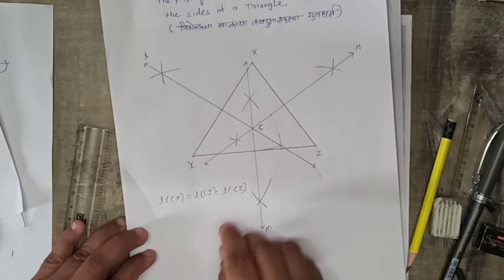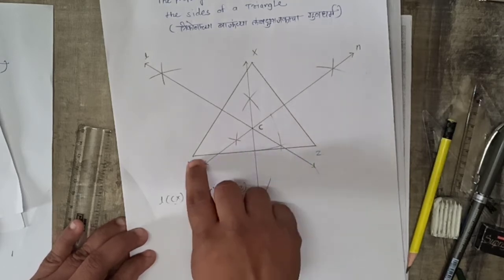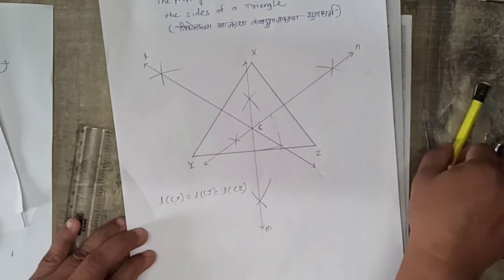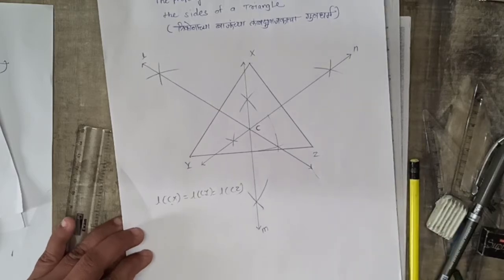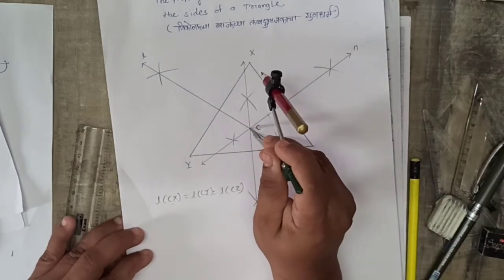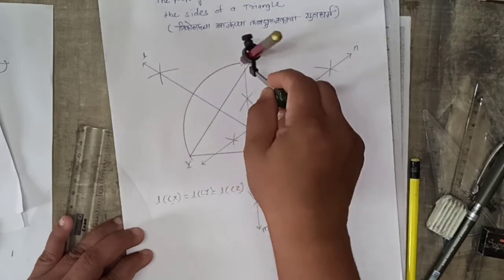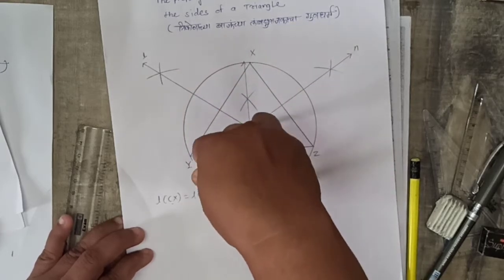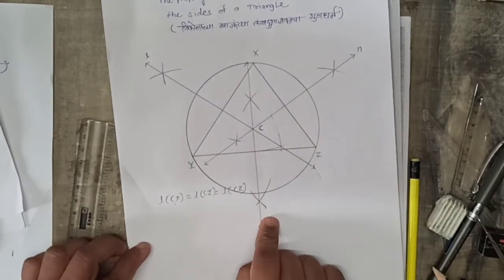That means all the three vertices of the triangle are at equal length from the point of concurrence. And when we take the radius CX, CY or CZ, we can draw a circumcircle. We can draw a circumcircle of this triangle.